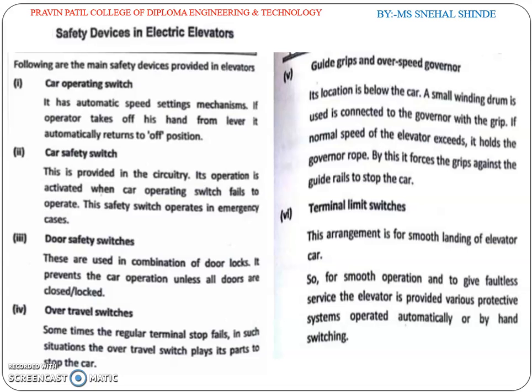Phase reversal protective relay. The reversal of phases immediately opens the controller circuit and prevents the elevator motor from being connected to the lines until the relation of phases is corrected.